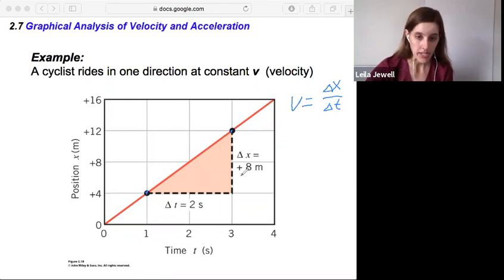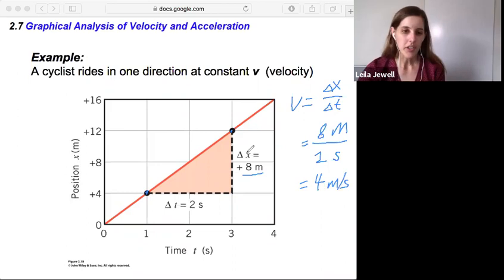That's going to be this 8 meters. So we have 8 meters, and then divide that by the change in time, where we have 3 minus 1, that's going to be 2 seconds. And so this will then give us a velocity of 4 meters per second.